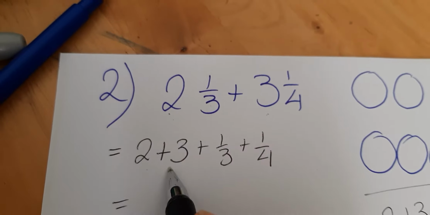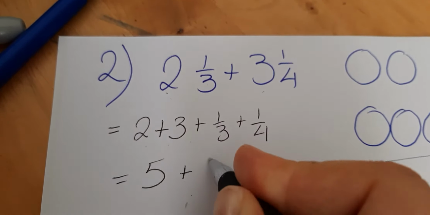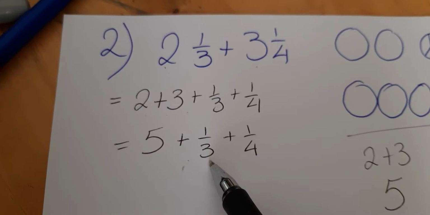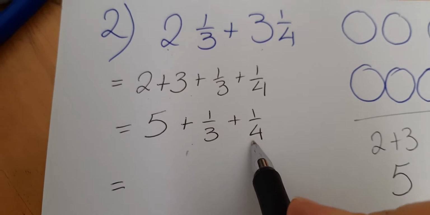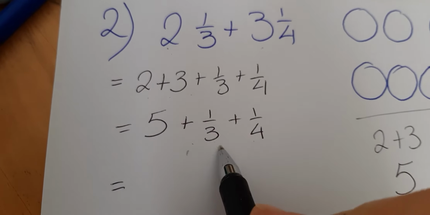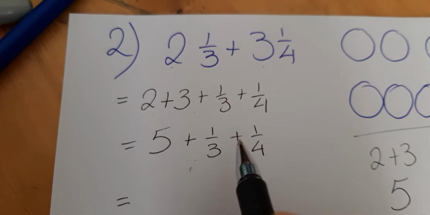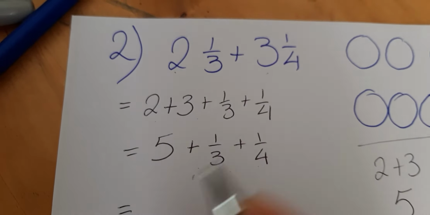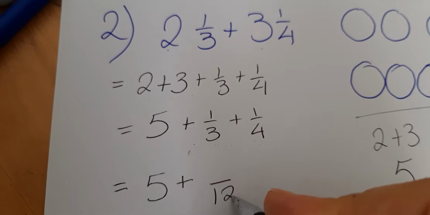So we have 2 plus 3, which is 5, plus 1/3 and 1/4. Now we need to make these the same denominator. What did we say when the numbers are very close in the denominators? We said the lowest common denominator will be just those two multiplied together, the product of 3 and 4. So this is 5 plus... the product of 3 and 4 is 12.